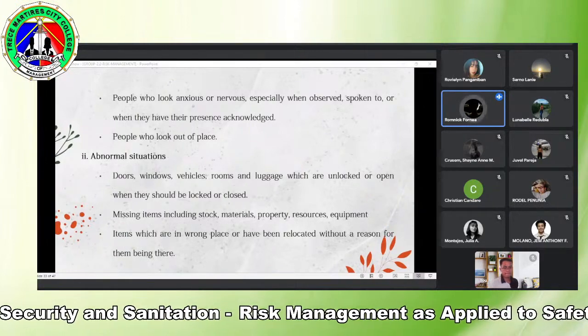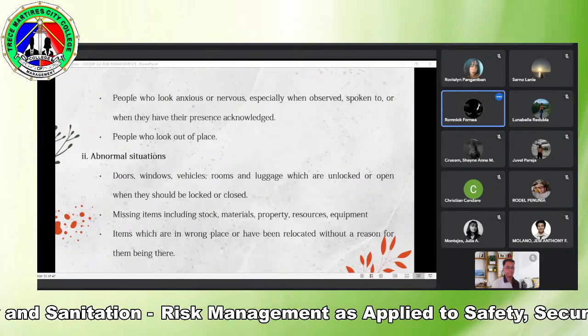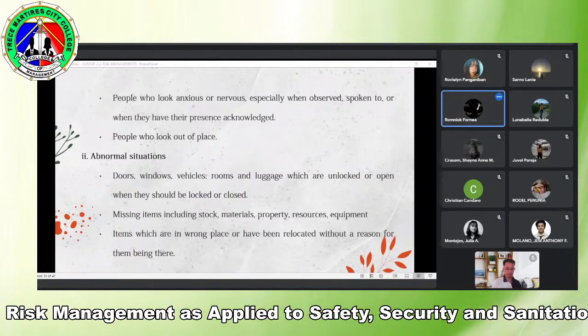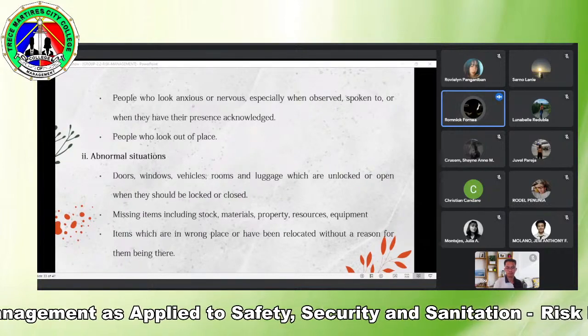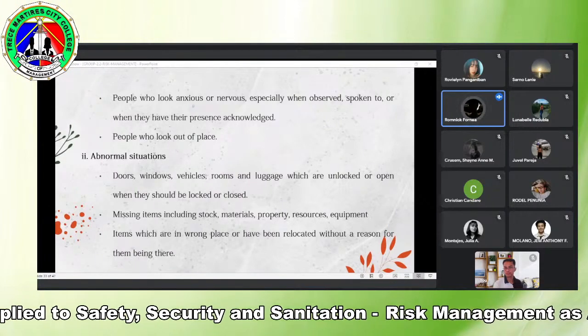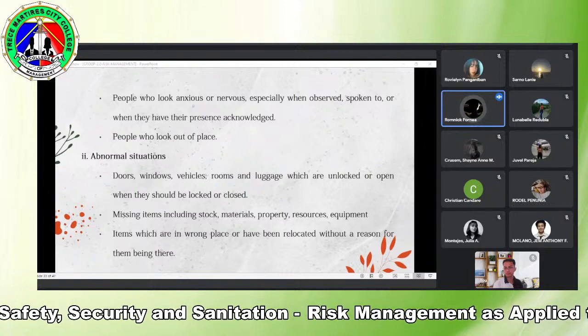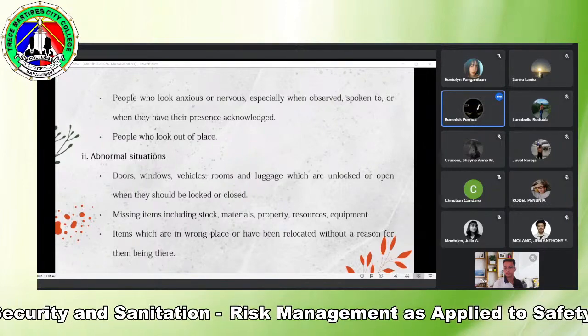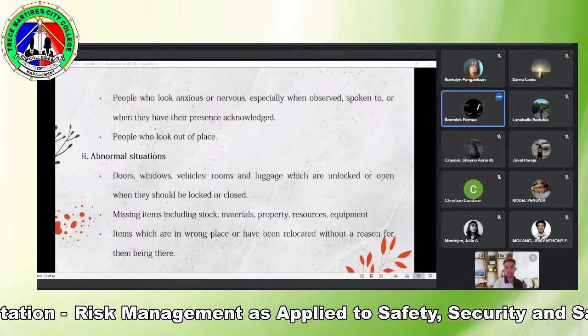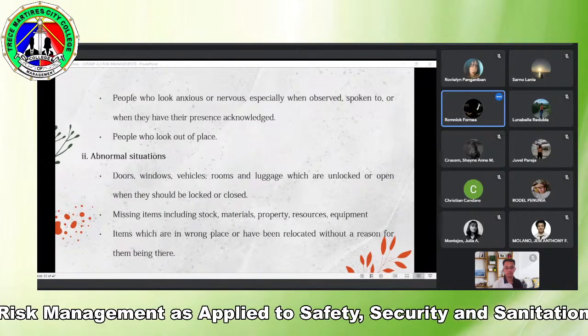In short, hindi sila confident sa sarili nila. Parang ayaw nila ng center of attraction. Next is people who look out of place. Ito daw yung mga taong wala sa sarili or yung nararamdaman nila na hindi sila belong sa particular na group or organization. Parang hindi sila sanay makipag-socialize sa ibang tao.